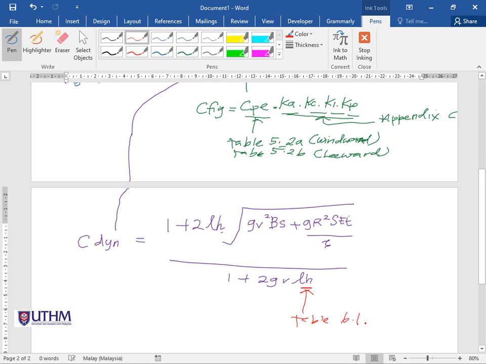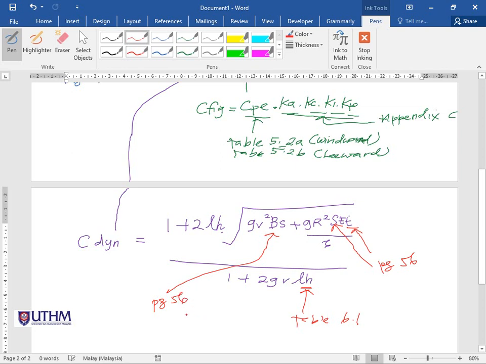As for S here, refer to page 56. The E_t here is also on page 56, and also the beta_s here, also page 56.